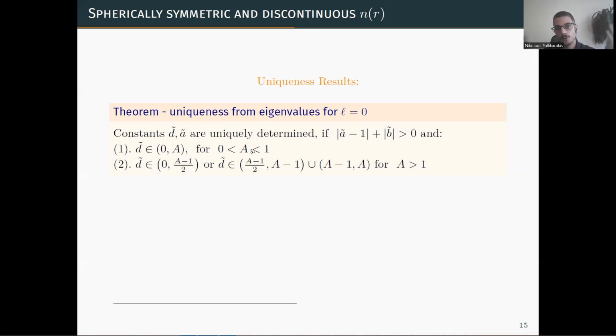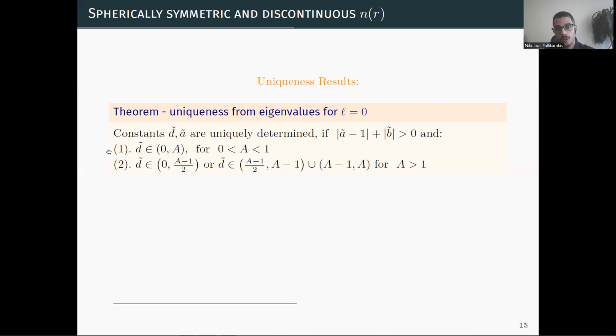If the travel time is small enough, no matter the position of the discontinuity, but if it's higher than 1, then we have to look at sub-intervals to derive the uniqueness. But unfortunately, we couldn't get something more.